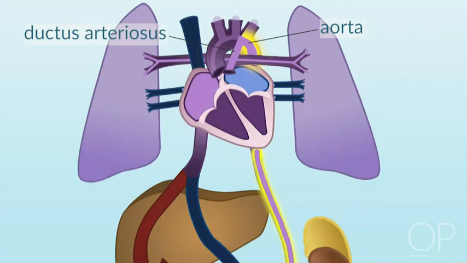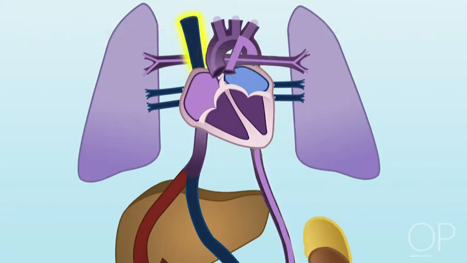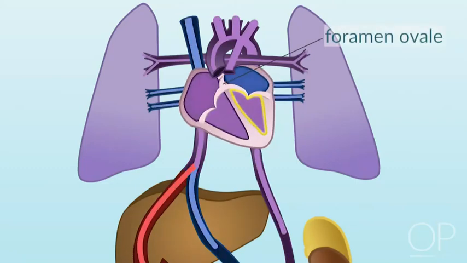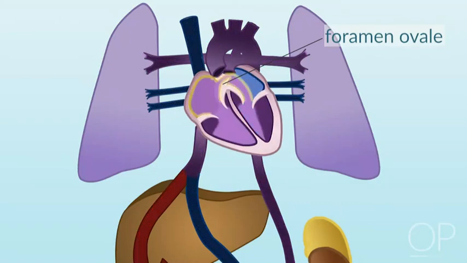Due to the high blood flow from the superior vena cava and the inferior vena cava up to the right atrium, pressures in the right atrium are higher than in the left atrium. This promotes blood flow through the foramen ovale at the atrial level.